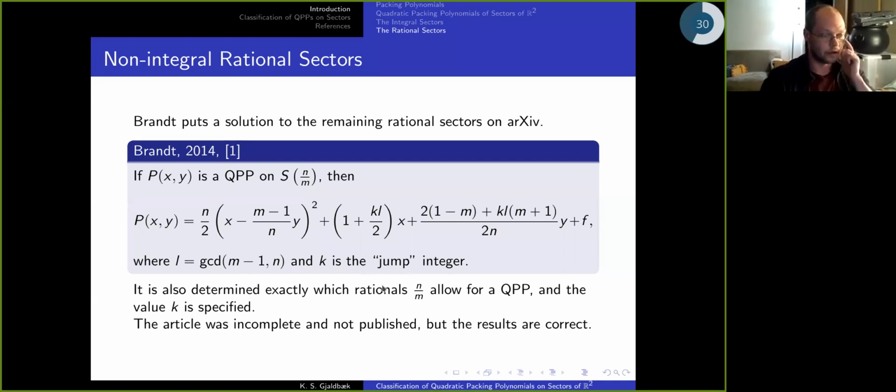And in all previous examples, it was plus or minus 1. She also determines exactly which rationals allow for quadratic packing polynomials and specifies the value of k. The article was incomplete and remained in preprint. In my thesis, I ironed out a few creases to the satisfaction of at least my thesis panel, and I contacted Madeline, and together we wrote an article that we put on arXiv.